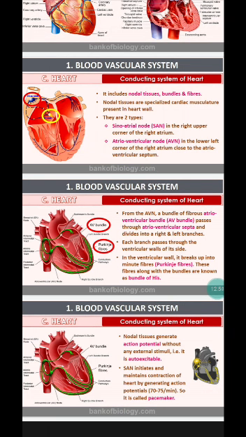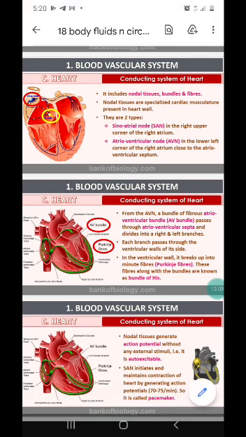Excitable means it can start its own contraction. Who is asking it to contract? Who is controlling it to contract and relax? It is auto-excitable. Now we'll be talking about the specialized muscles of this heart besides the cardiac muscles. Now there is a group of nodal tissues.